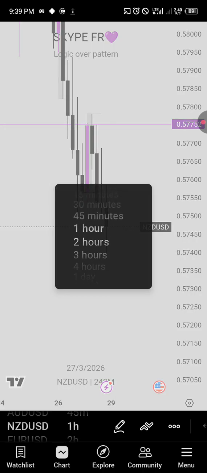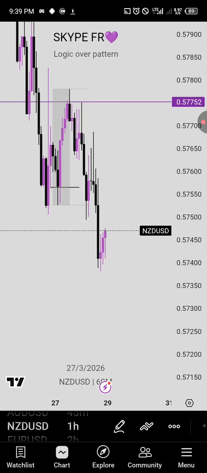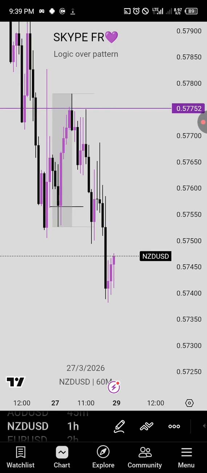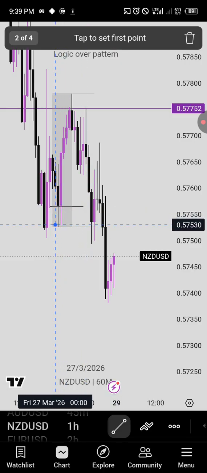Now let's see the 1 hour. This is not so clear, by the way. On the 1 hour, this should be our breakout structure, and this is not so clear, right?